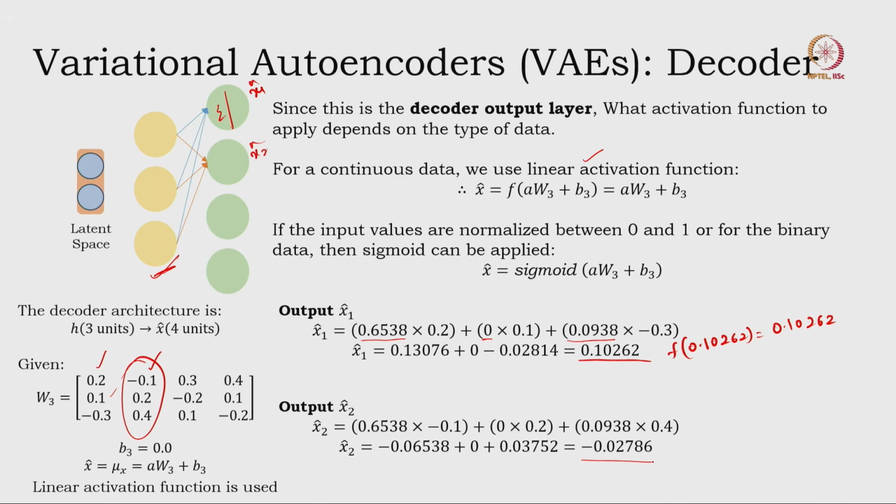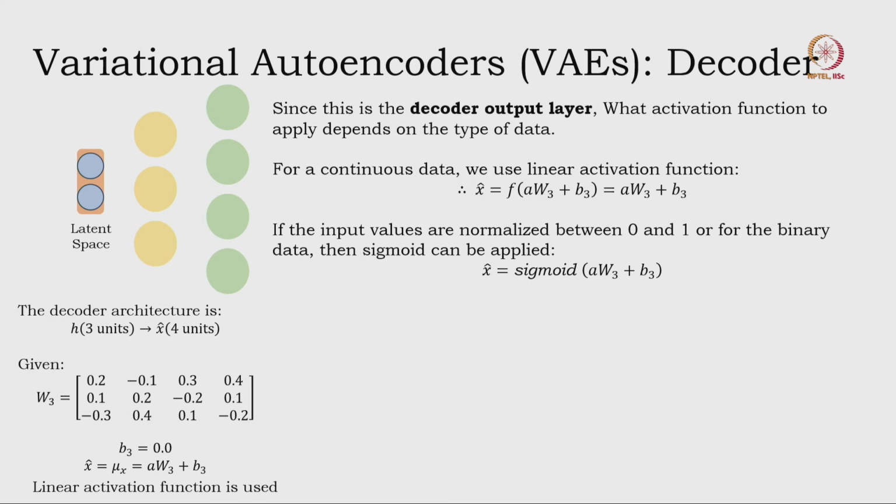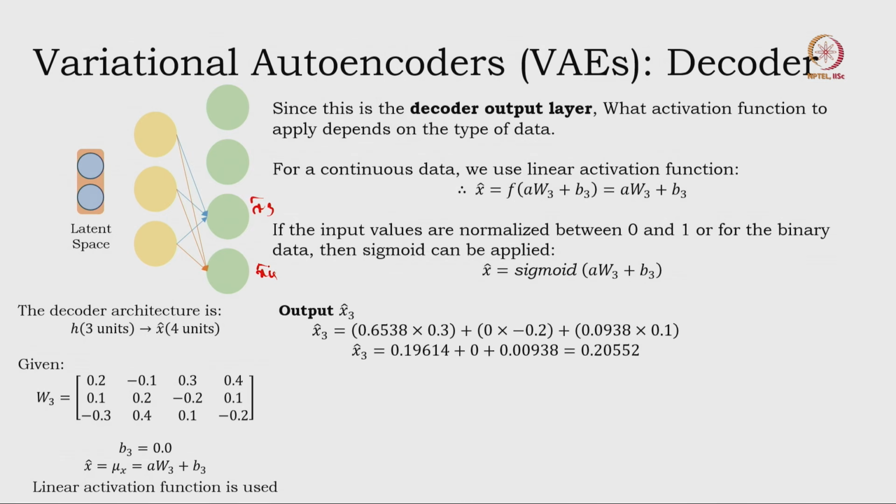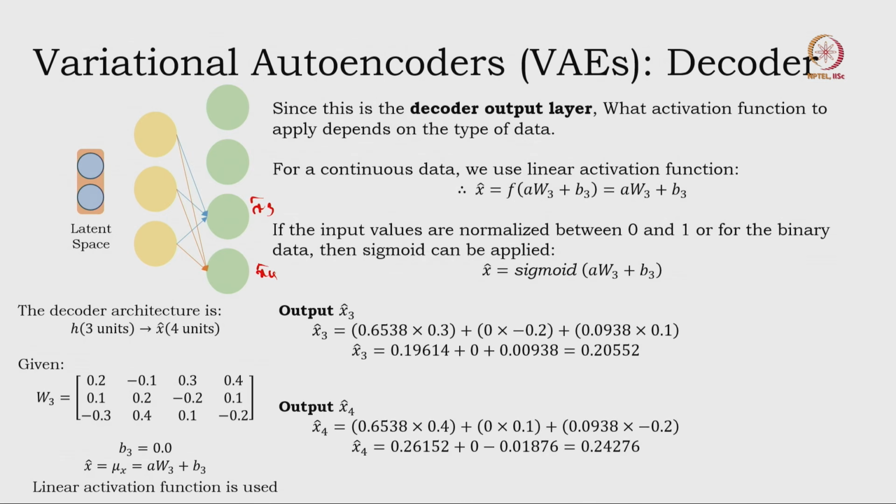Since it is a linear activation function, once again you pass it to a linear activation function, and the output will remain the same. This is the output that we have obtained. In this slide we are seeing the output of the next 2 neurons. This is x3 hat, and this is x4 hat. You will do these 2 calculations. I hope the calculation part is clear.